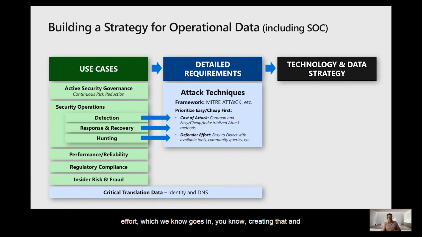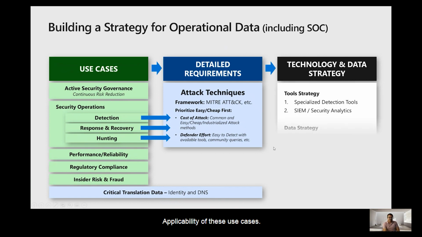There's a lot of community effort which goes into curating that, and you can study and repurpose it into your SOC. A classic example in Microsoft's case is the entire GitHub community, which is part of Sentinel. There is a vibrant ecosystem of Microsoft and community effort to ensure common knowledge sharing, which reduces the overall effort of applying these use cases.